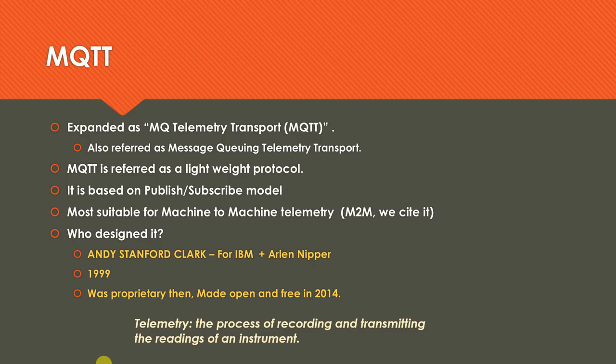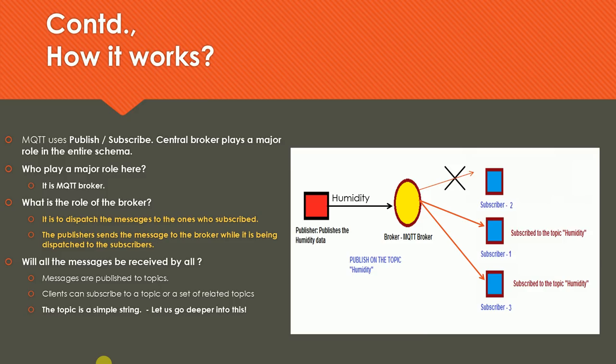It is based on a publish-subscribe model. It's not a client-server model, it's a publish-subscribe model. The term to be used is publish-subscribe model, so we cannot interchange the term. It was designed by Andy Stanford-Clark of IBM and Arlen Nipper in 1999, and it was initially proprietary, then they made it free.